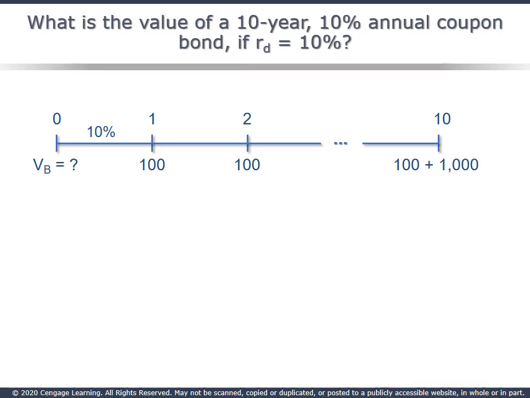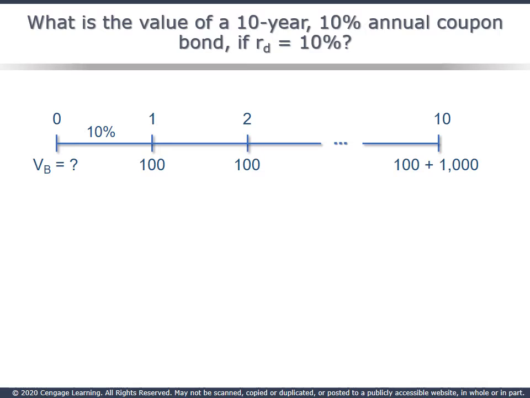That's an annuity. In year 10, not only does the investor receive that final payment of its coupon, but also the return of its par value. So we need to find the value or the current price of this bond using its benefits, the coupon payments, and the return of the par value.